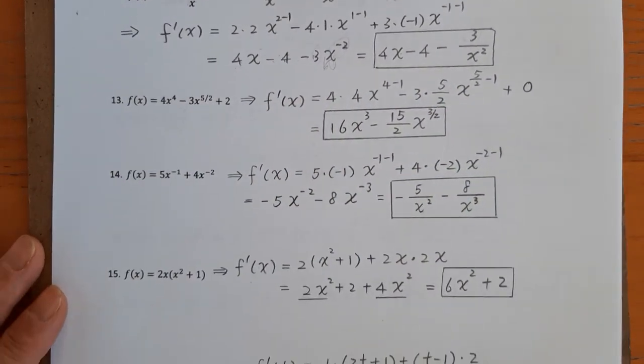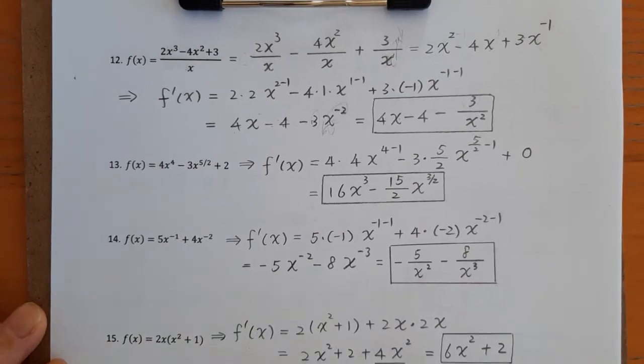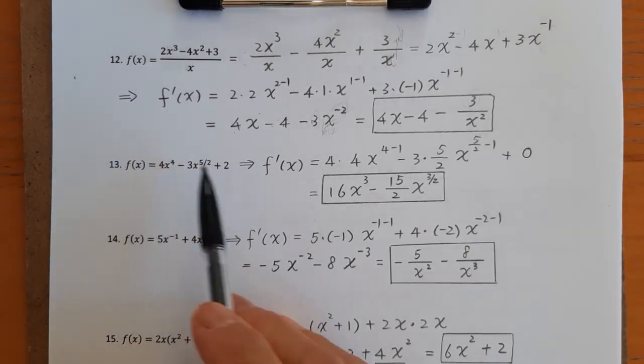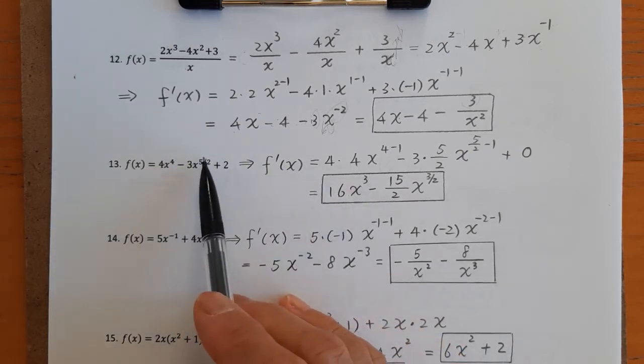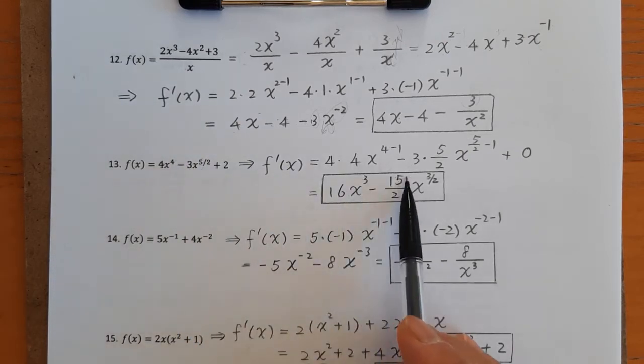So next one, it's 4 times 4 is 16. 4 minus 1 is x cubed. 3 times 5 over 2. 3 times 5 is 15 over 2.